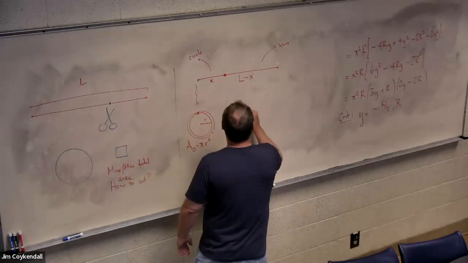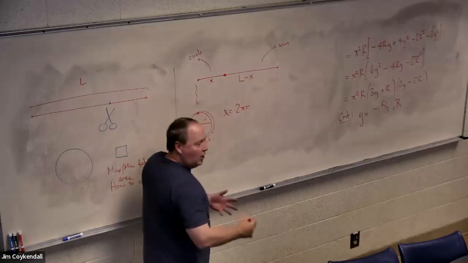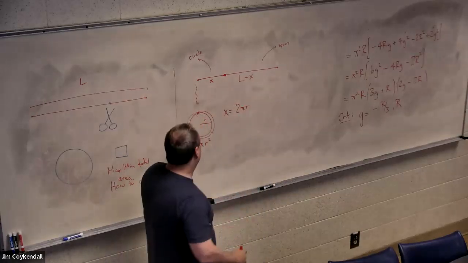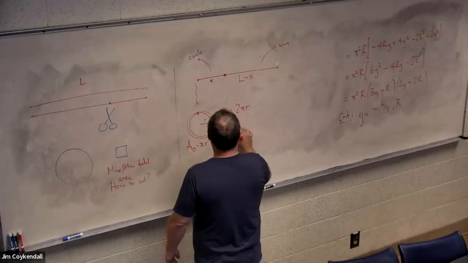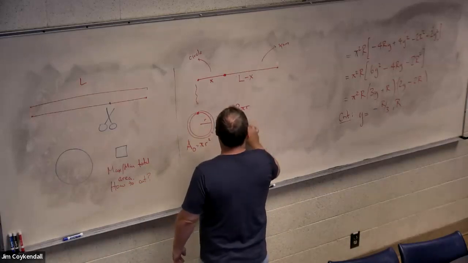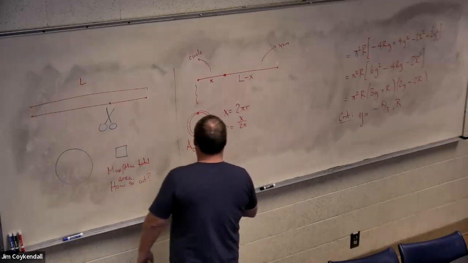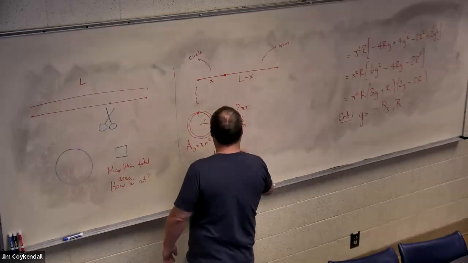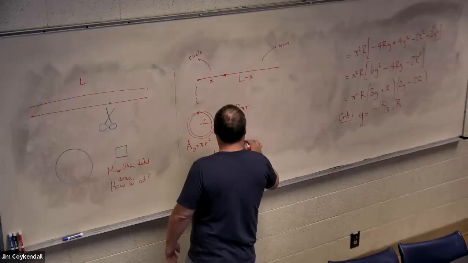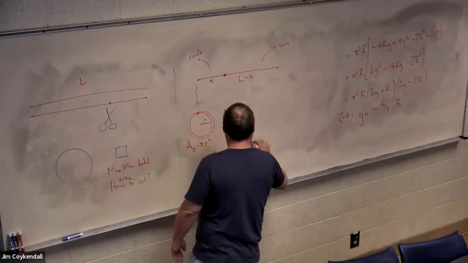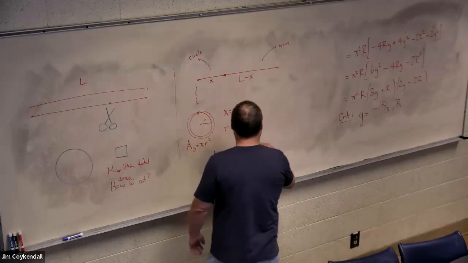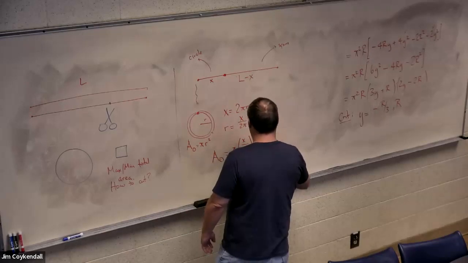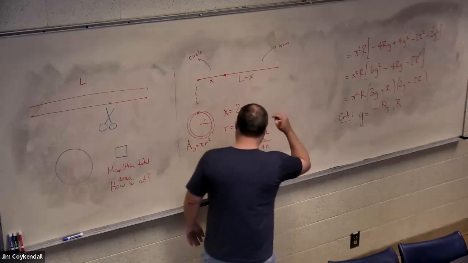So now this formula lets me turn R into X, which is what I need. So R is X over 2 pi. So my area of the circle is pi times X over 2 pi squared, or if I like, X squared over 4 pi.